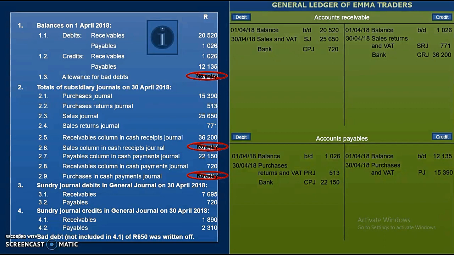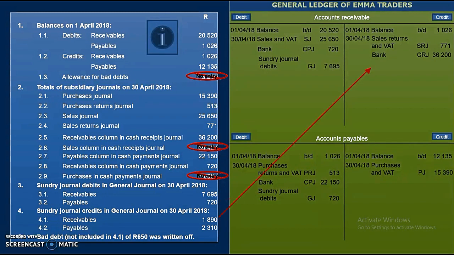The next step is to record your sundry journal debits and sundry journal credits. All journal debits must go onto the debit side of the accounts. All journal credits must go onto the credit side of the accounts. Receivables should therefore be debited by 7,695 and payables debited by 720.